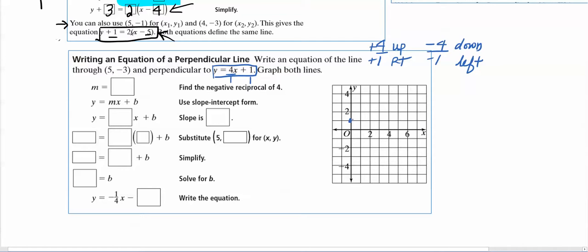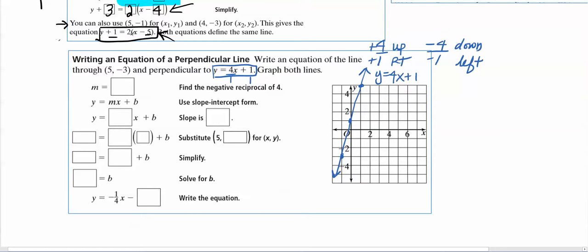I'm going to go with up right. Up 1, 2, 3, 4 over 1. Or I can go down 4, left 1. Okay, there is our line, y equals 4x plus 1.